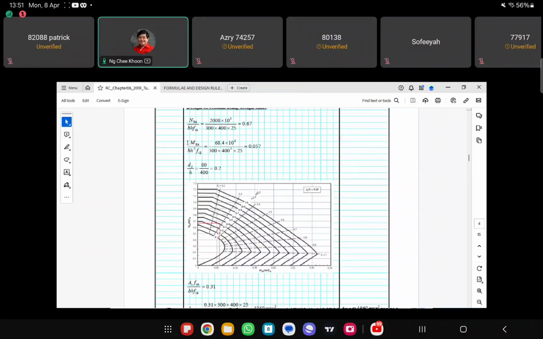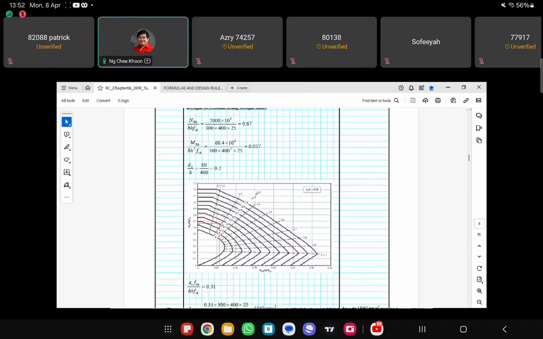And then for MEd over bh² fck, we have 0.057. So you have 0.05 here, and 0.06 here. So 0.057 is somewhere over here. So you just go up here, and then from here 0.67, and then from here 0.057. Then you hit a point here.